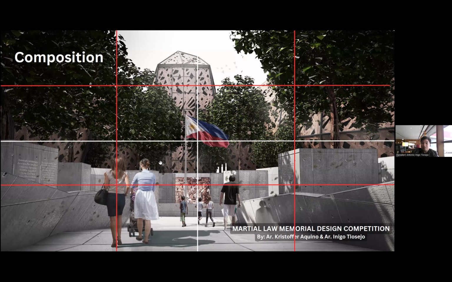And because of the composition of the elements, it draws you to the center, just like how every perspective is. So what's in the very middle? It's the Philippine flag. So the question here is, where's the architecture in all this? Actually, the trick here is to make an interesting perspective that tells a story.